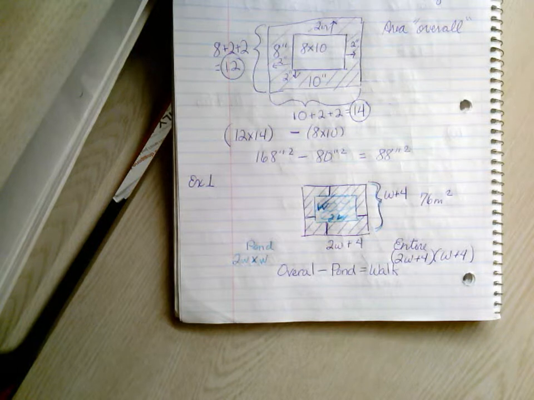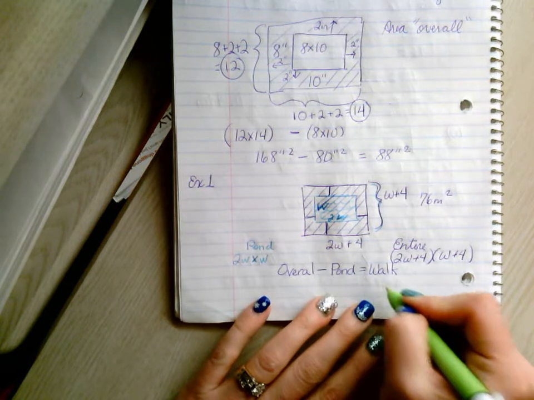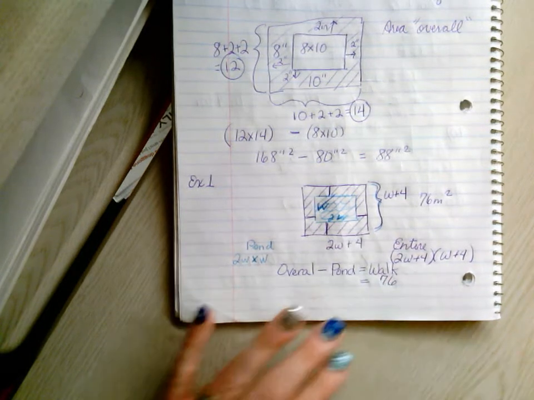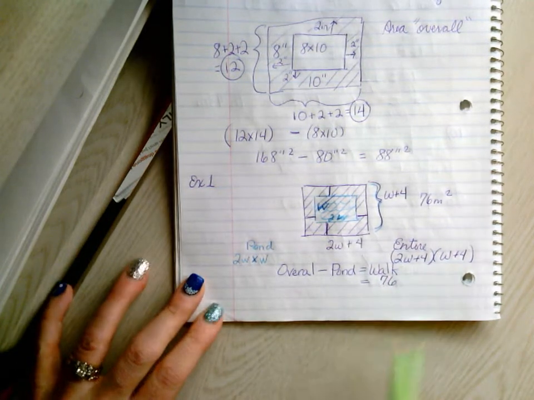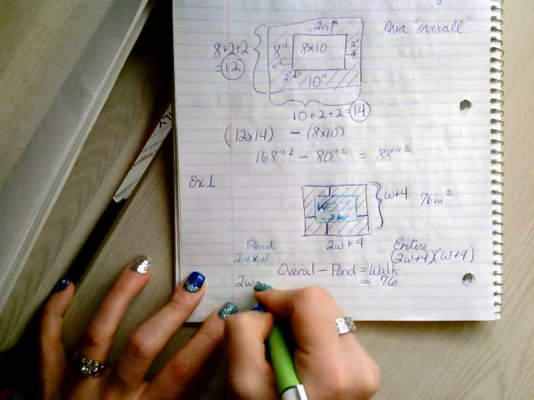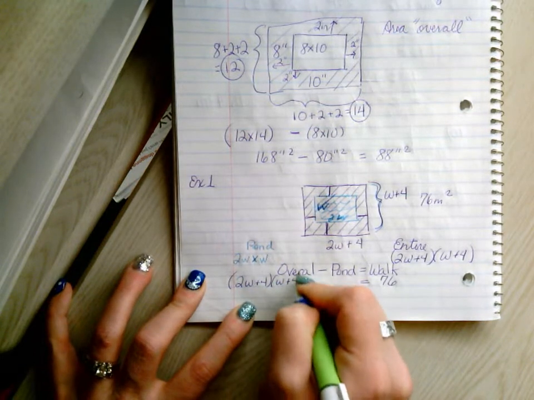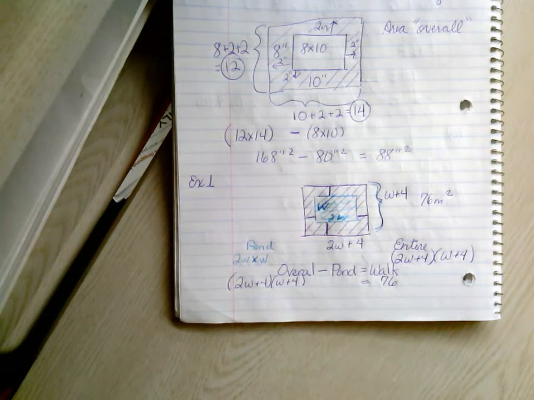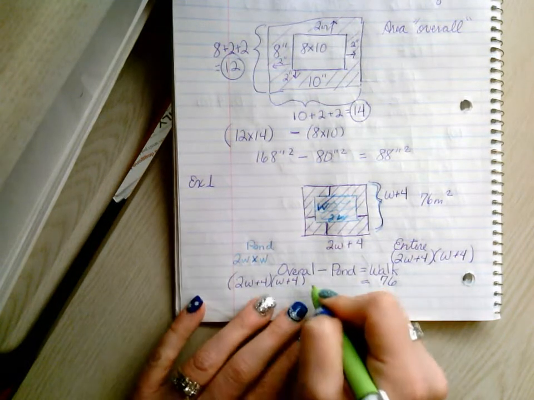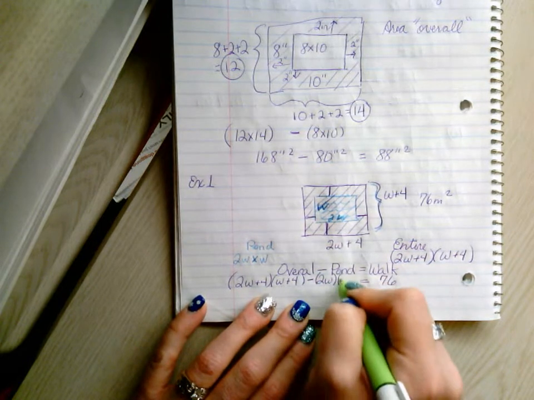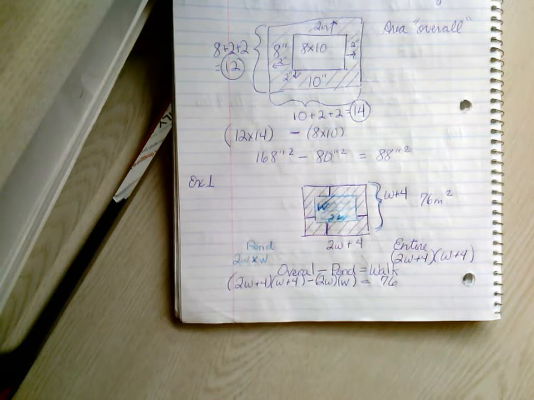So, let's see what they have for us. They tell us the area of the walk is 76, and the overall is this product, 2W plus 4 multiplied by W plus 4, from which we're going to subtract the area of the pond, which is 2W times W. I'm going to squeeze it in here.